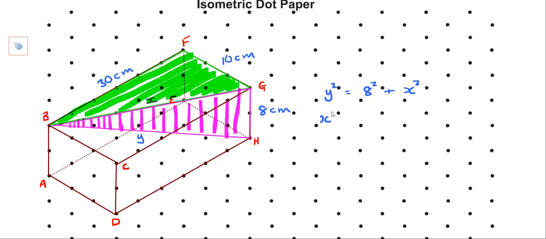So X squared equals 10 squared plus 30 squared, yeah? Now you'll notice that I don't even need to square root because I've got X squared and X squared. So actually what I could do is say that Y squared is 8 squared plus 10 squared plus 30 squared.